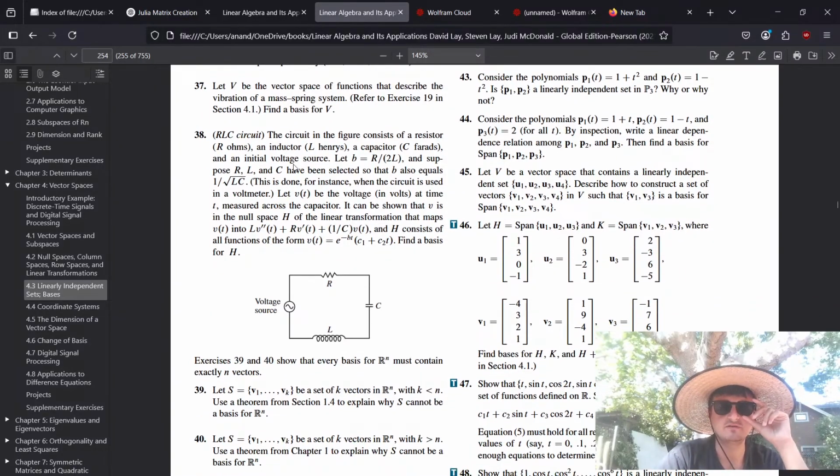All right, the circuit in the figure consists of a resistor, an inductor, a capacitor, and an initial voltage source. Let B equal R over 2L, and suppose R, L, C have been selected so that B equals 1 over... This is done, for instance, when the circuit is used in a voltmeter.